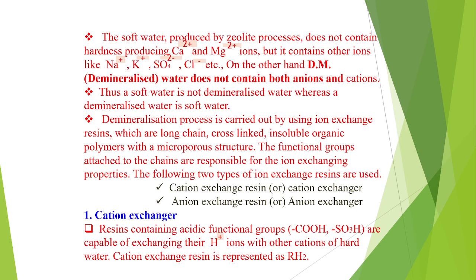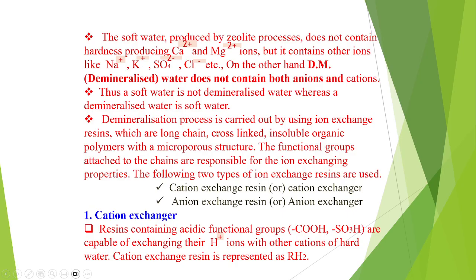The ion exchange process removes not only the calcium and magnesium ions, that is, the hardness-causing agents, but also all the unwanted cations and anions present in the water. That is why the water produced by the ion exchange process is said to be demineralized water. In the demineralization process, we use an ion exchange resin for replacing the cations and anions present in the water.